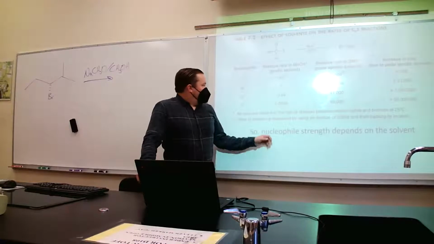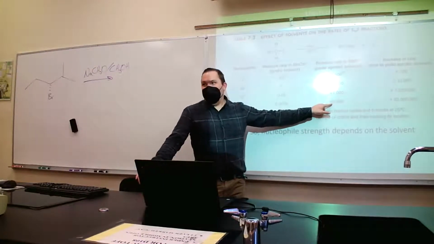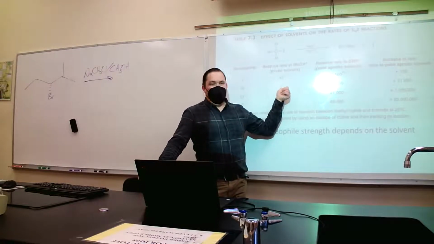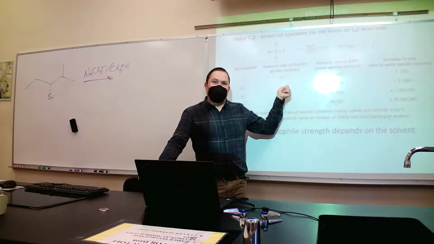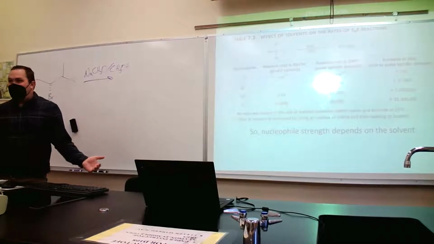And so fluoride in an aprotic solvent is up 50,000 times faster than bromide in a protic solvent. That's comparing apples to oranges a little bit, because we changed both the nucleophile and the solvent, but it gives you an idea of how drastically these rates can change.